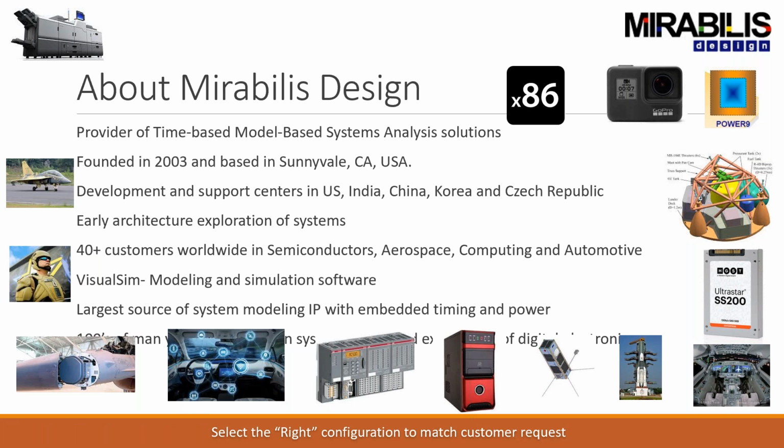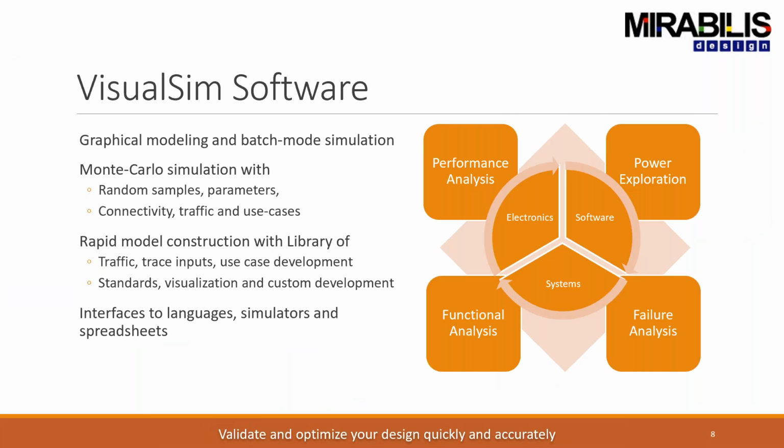The product is called Visual Sim, and Visual Sim is a graphical modeling and simulation software. There are two key things in Visual Sim. First and foremost is you can define your entire system. So your electronics, your software, your system can be described within Visual Sim.